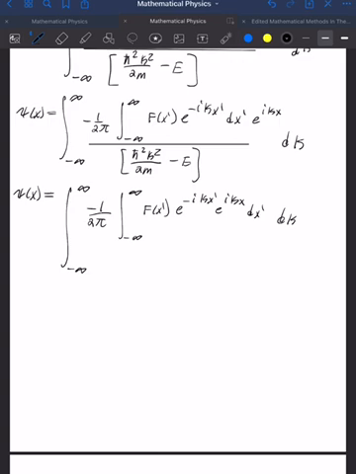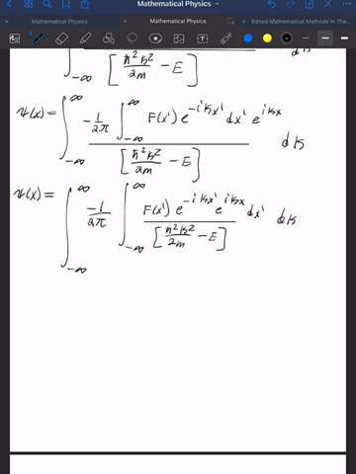And I'm going to move this constant term down here inside this integral: h bar squared k squared over 2m minus E. There we go. Now, I'm going to write this integral just a bit bigger, minus infinity to infinity.